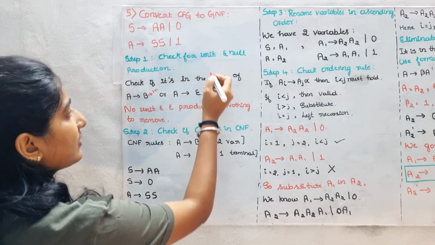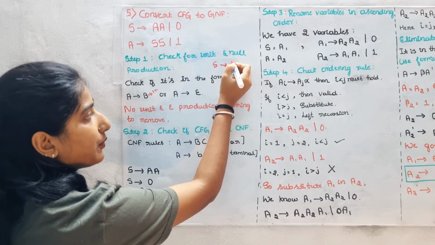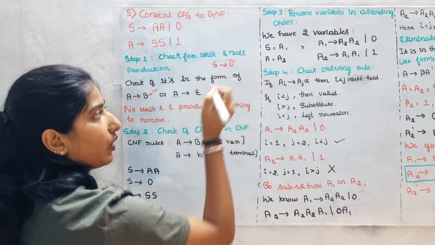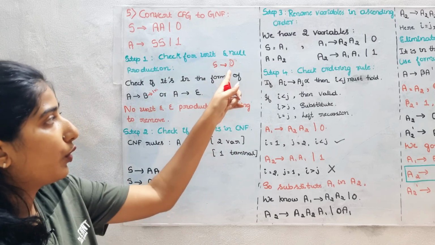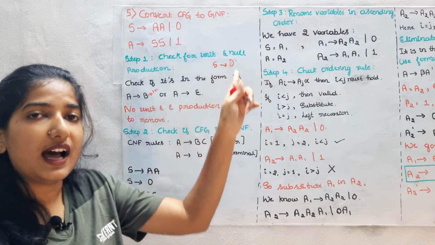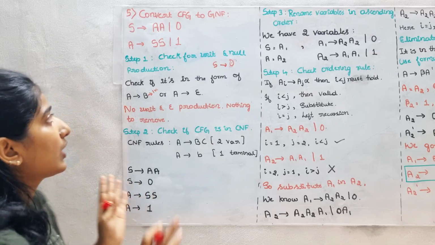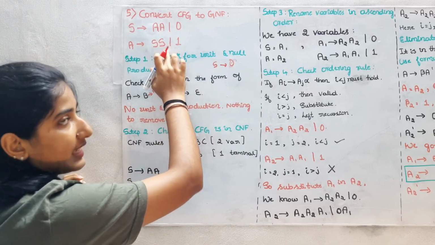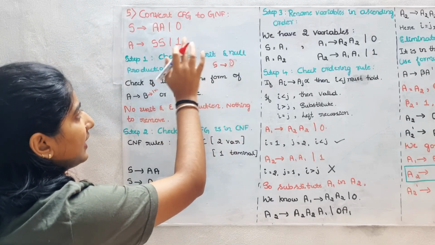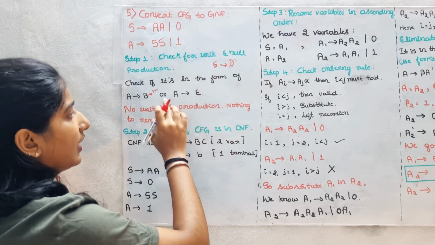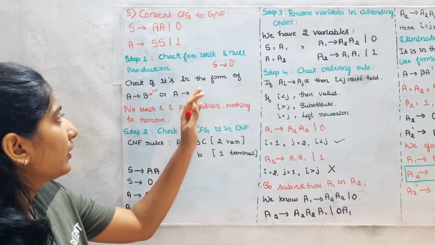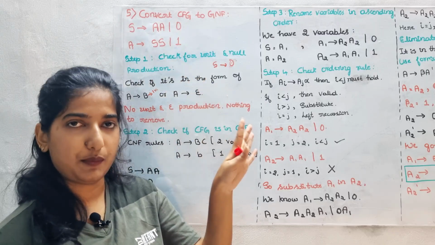S derives 0, is this a unit production? No, because 0 and 1 are terminals. So S derives 0 is not a unit production. And A derives SS, not a unit production. And A derives 1, not a unit production. And A derives epsilon, there is no such case. So nothing to remove in the first step.